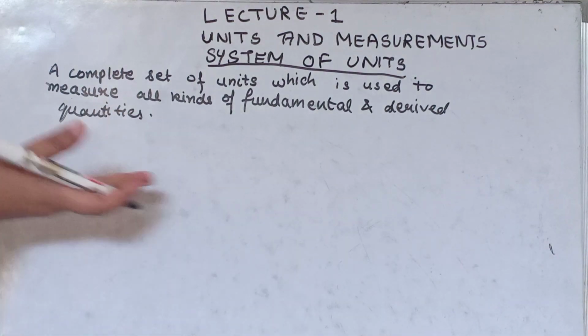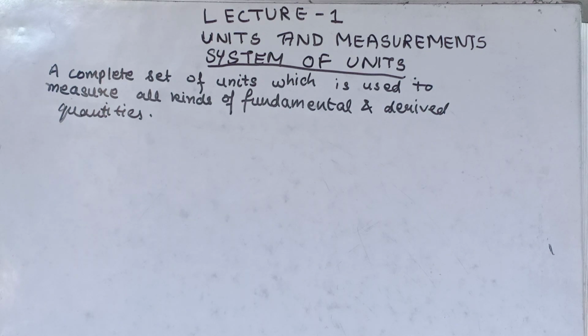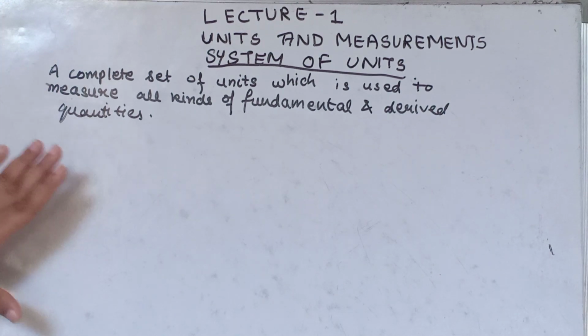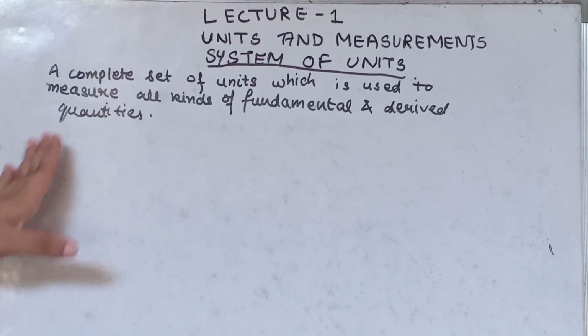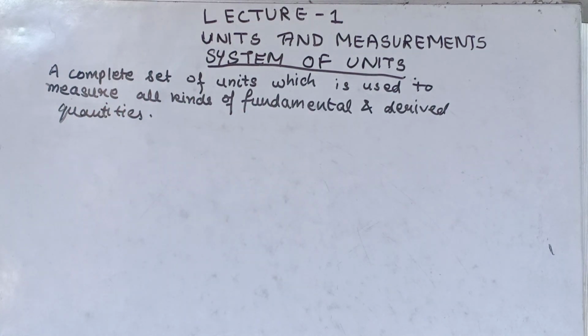So basically it consists of a set of units which will give us the units to measure the physical quantities, and those physical quantities could be either fundamental or derived.